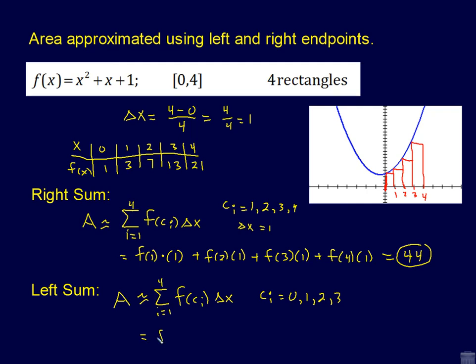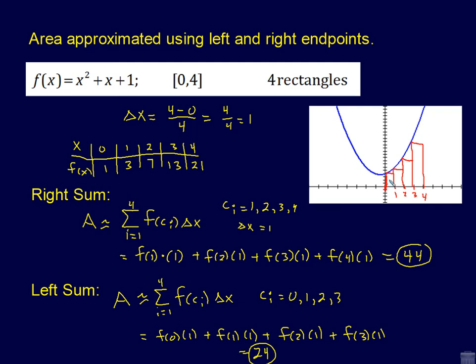So my sum is f of 0 times 1, f of 1 times 1, f of 2 times 1, and f of 3 times 1. So adding together 1 plus 3 plus 7 plus 13, I'm going to get 24.